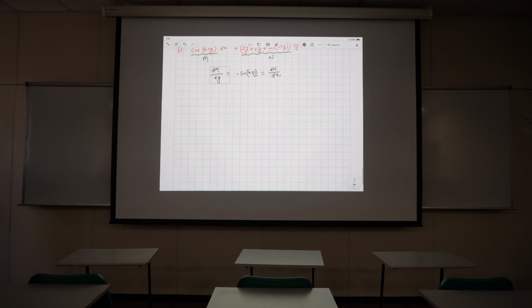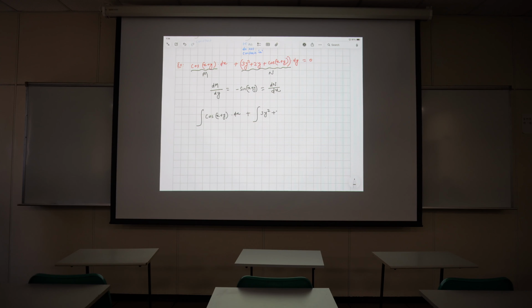That means I will put the integration of M, that is cosine(x plus y) dx, plus the integration of N, that means 3y square plus 2y plus cosine(x plus y) dy, is equal to constant.